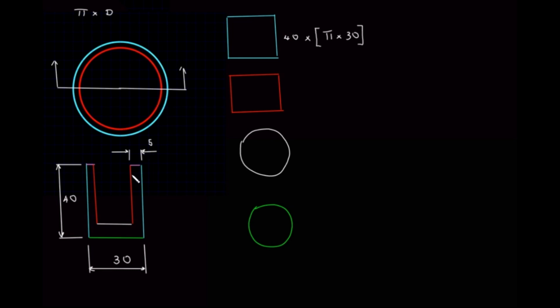This one here, now it is not 40 because you can see you've got a thickness of material there. So it is 40 minus that thickness, and that thickness is 5. So the distance from there to there is 40 minus 5, which is 35.